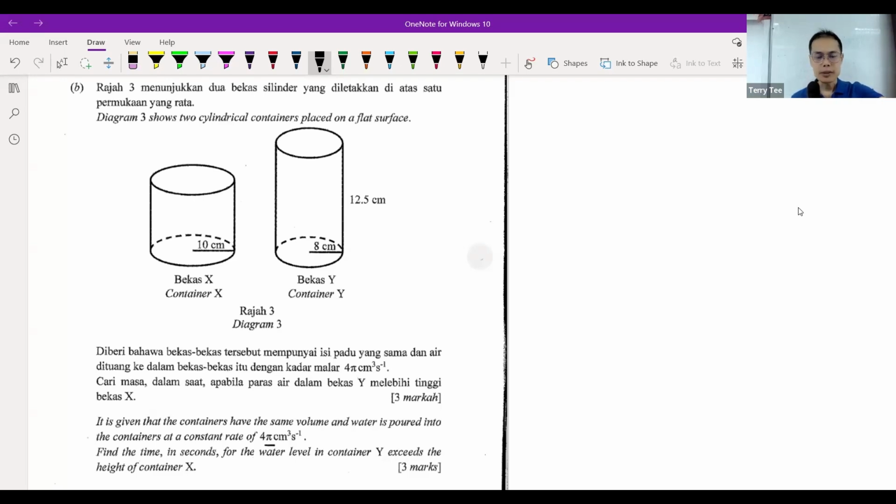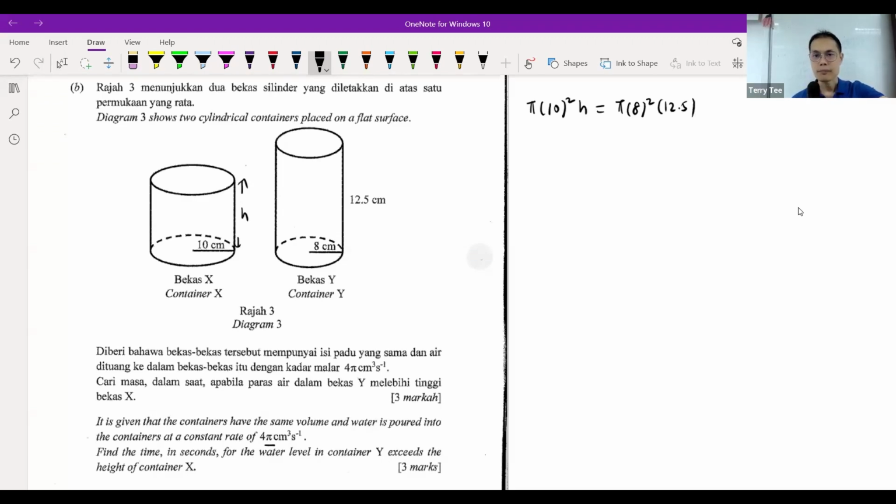One thing you need to know is that they share the same volume. So if they share the same volume, we do not know the height of container X. So we say volume of X, which is pi r square, your radius is 10, height h, must equal pi r square h.